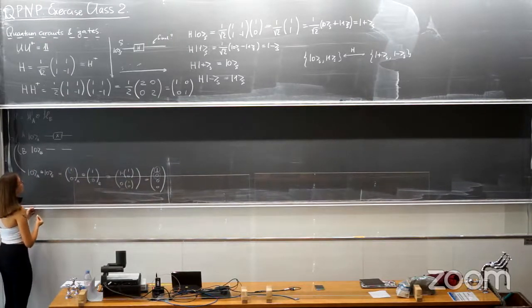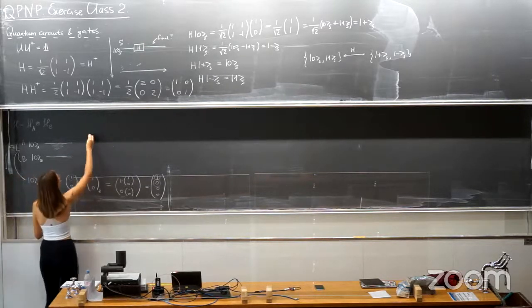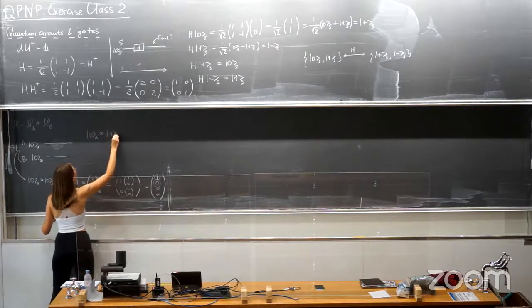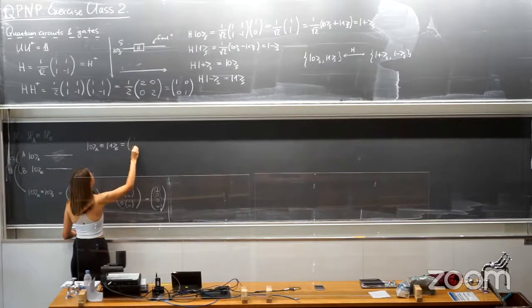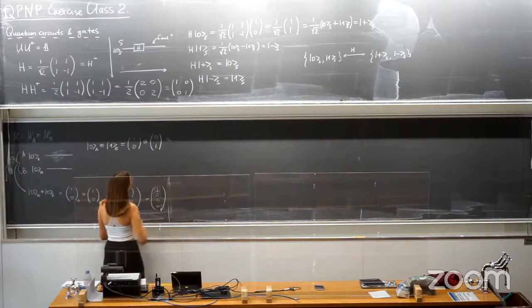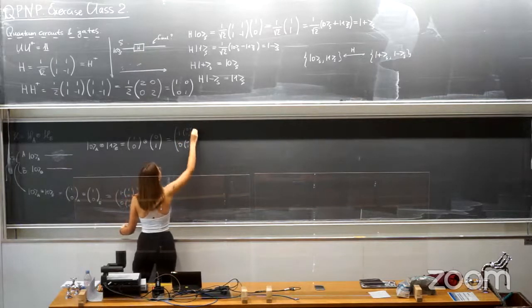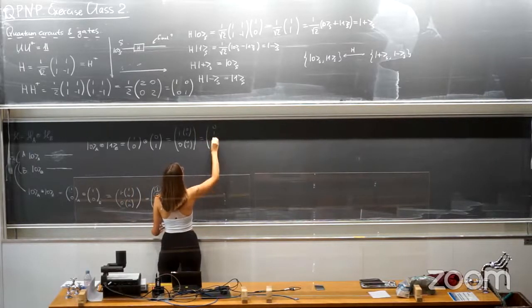If we consider a different example, we take 0 on A and 1 on B. Then this would correspond to the tensor product of 1, 0 and 0, 1. Following the same rule, we would have 1 times 0, 1 and 0 times 0, 1. And here we get 0, 1, 0, 0.